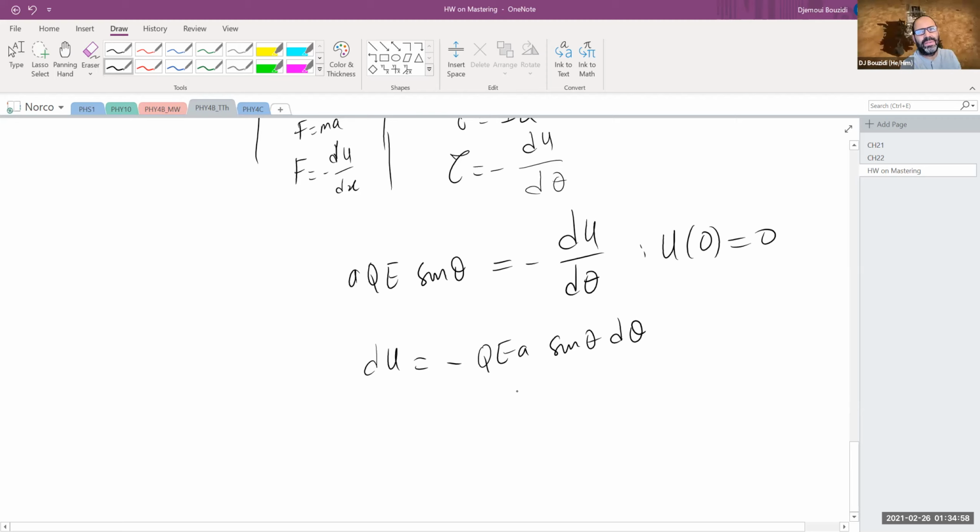Which function, if I take its derivative, I find minus sine theta? Isn't it cosine? Do you guys agree? Yeah, I agree with cosine. The derivative of the cosine is minus sine. So it's QEA cosine of theta plus something.